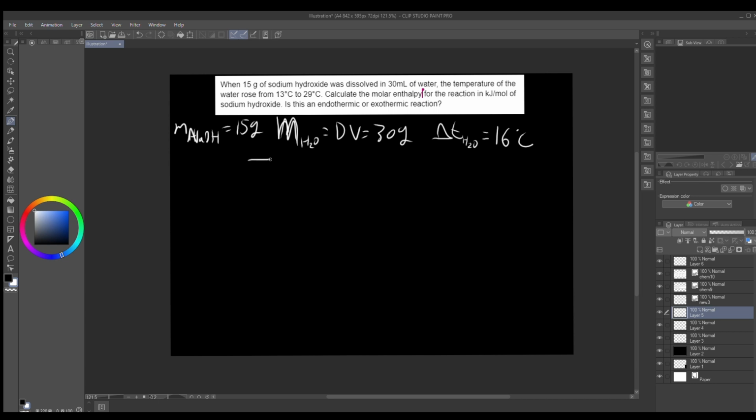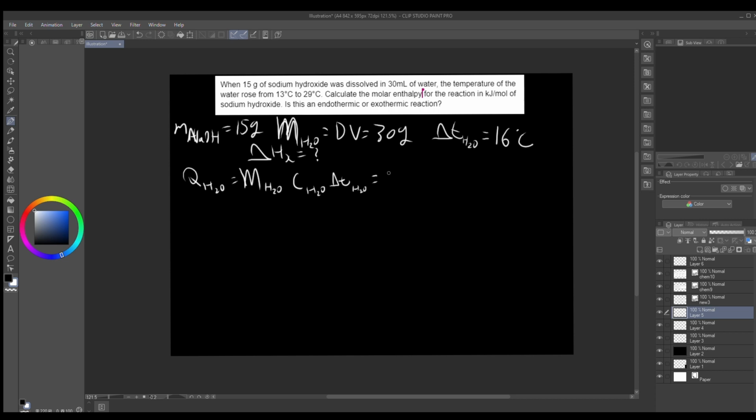Now we want to find the molar enthalpy, so the enthalpy change per mole. Our first step is to find the Q, heat of H2O, which is the mass of H2O times the C of H2O, which is given to us, times the temperature change of H2O.